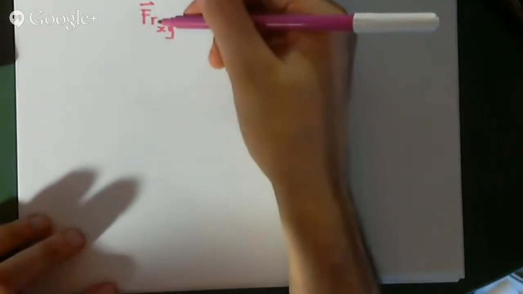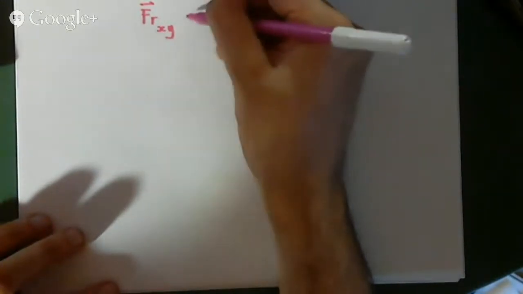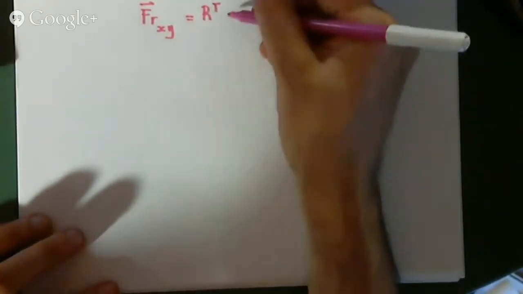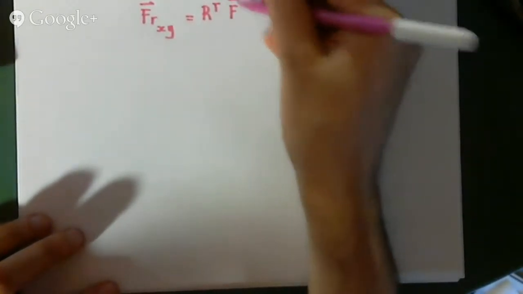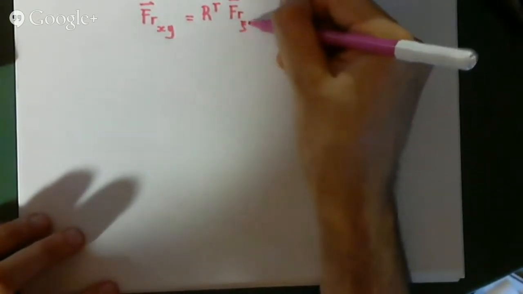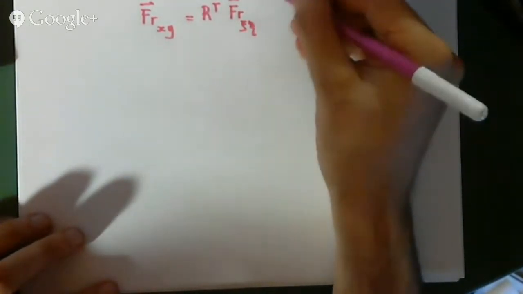So the rotational force in the x, y fixed reference frame is R transposed applied to the same force in the zeta eta frame.